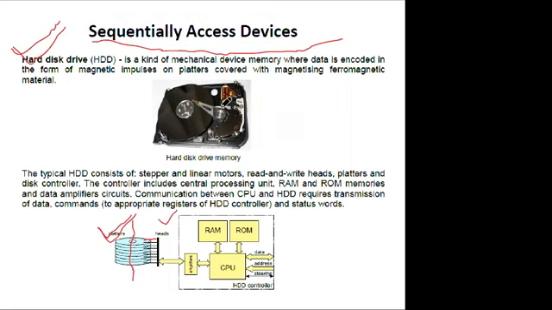Whenever a read or write operation is performed, they move over the disk. First they identify the location address where you want to write the data, and then they perform the write operation. The controller includes the central processing unit, RAM and ROM memories, data amplifier circuits, and a communication circuit which acts as the bus circuitry.